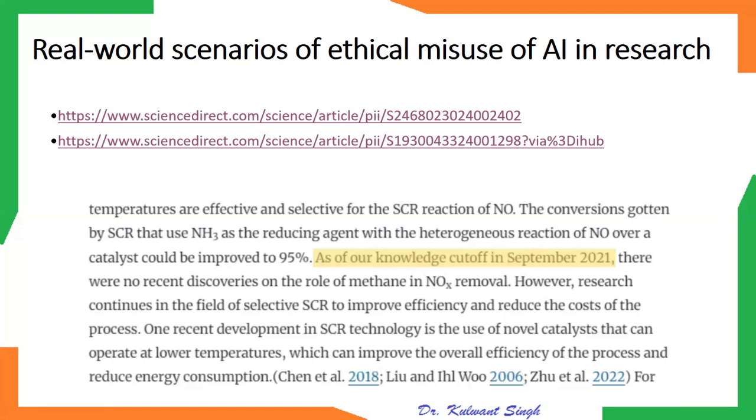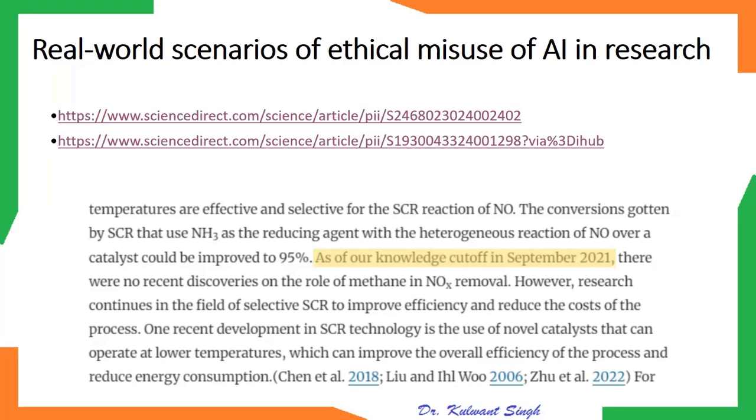After publication, another researcher or reader complained to the editor about this particular content, and then this paper was withdrawn or retracted. It means if you or I start using AI tools, and after publication any researcher complains about our paper and it is retracted, then it will have a negative impact on our research area.